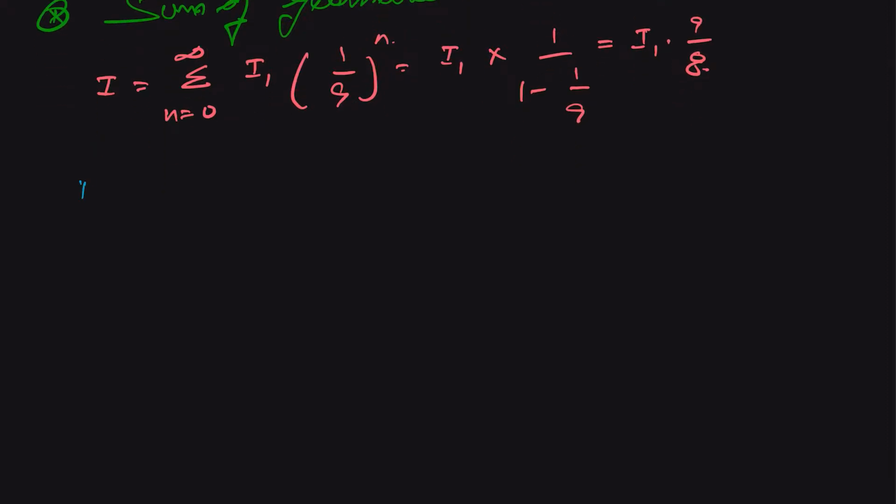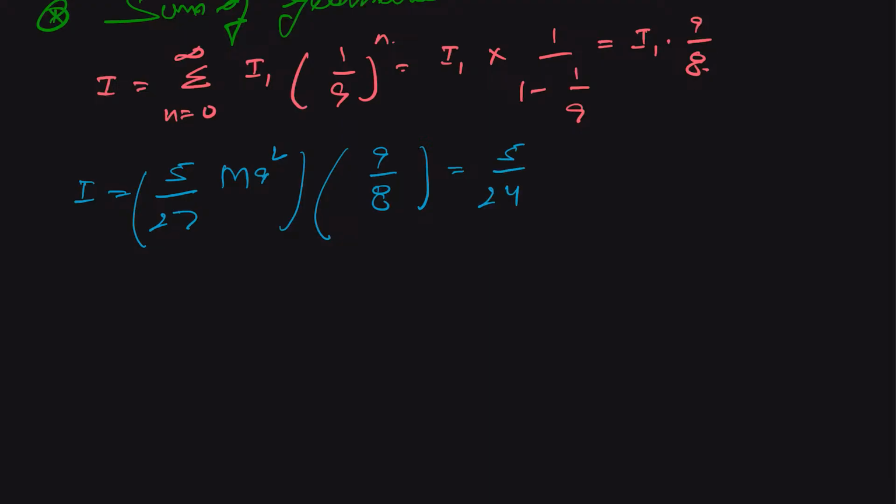So I is equal to 5 upon 27 M A square multiplied by 9 by 8. So this comes as 5 upon 24 M A square. So this is our moment of inertia of the series.